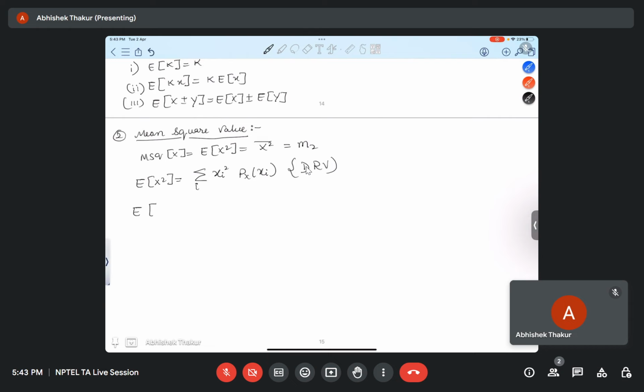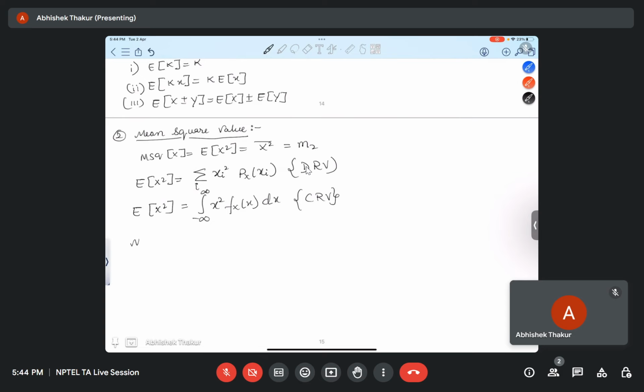E of x squared for a continuous random variable is the integral from minus infinity to infinity of x squared f x of x dx. So this is for a continuous random variable.